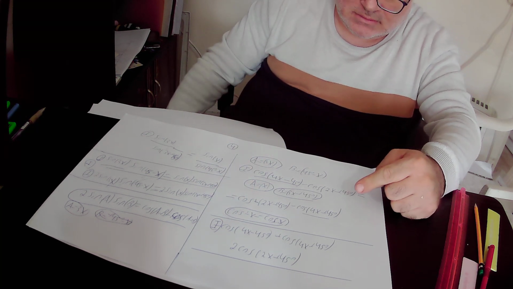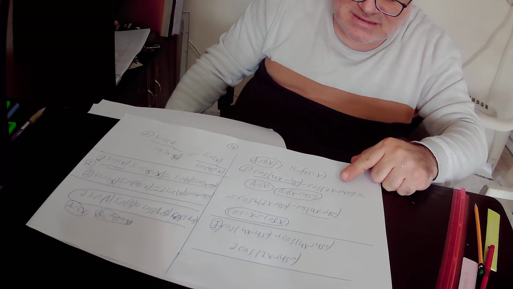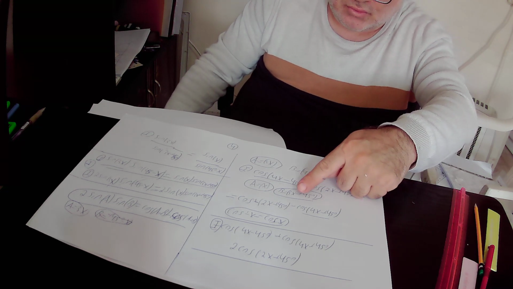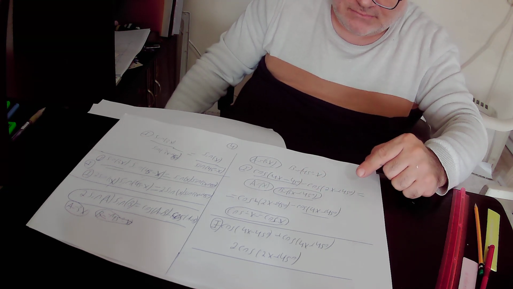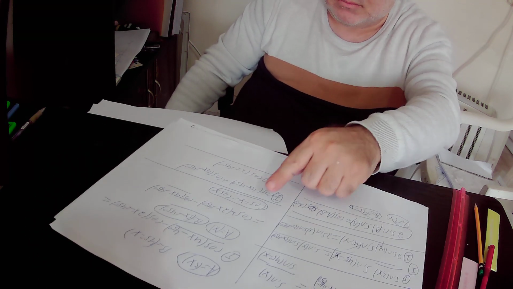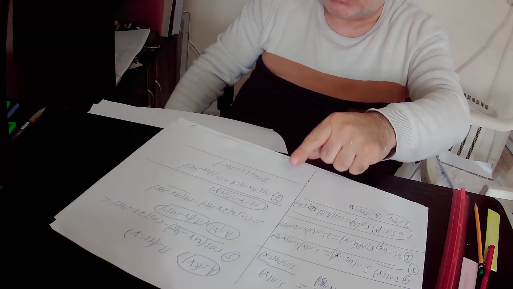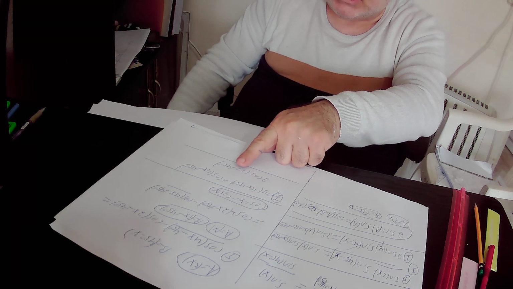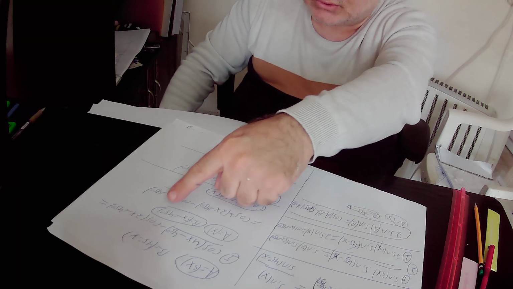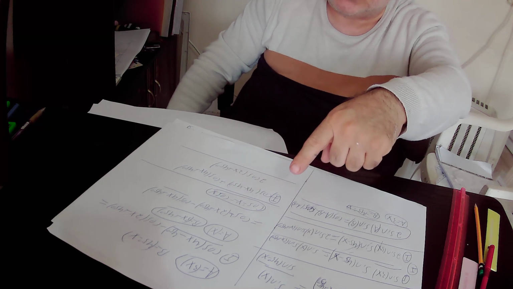Then we have minus cosine 2x here. Then cosine minus cosine 45 degrees plus x, so we added to this equation cosine 4x plus 45 degrees, and we have here minus cosine 2x plus 45 degrees, so we added to this equation cosine 2x plus 45 degrees.